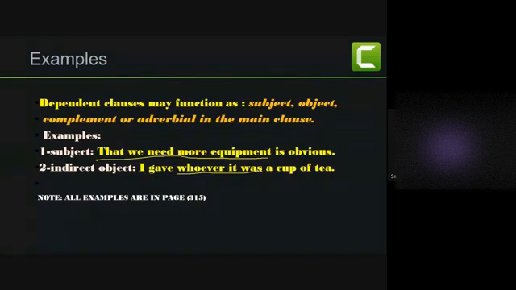The first one is indirect, and this one is the direct. I gave whoever it was. This is an indirect object. It is a dependent clause or subordinate clause. A cup of tea, this is the direct object. I think it is clear.